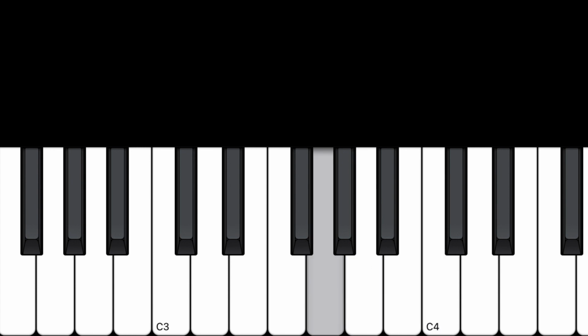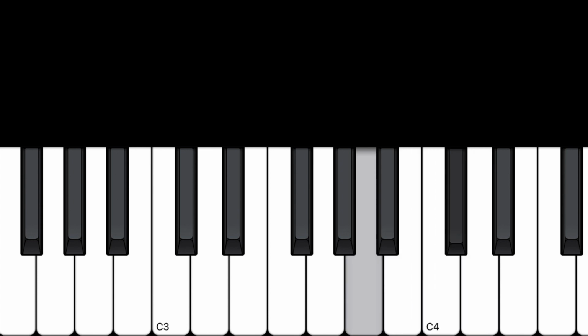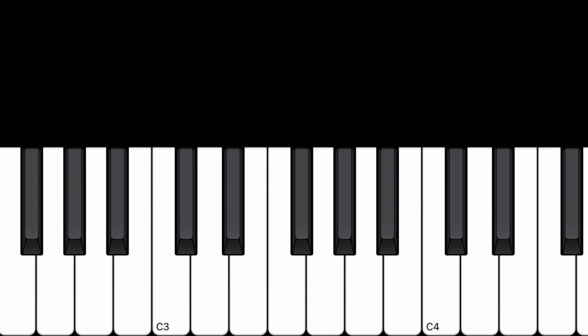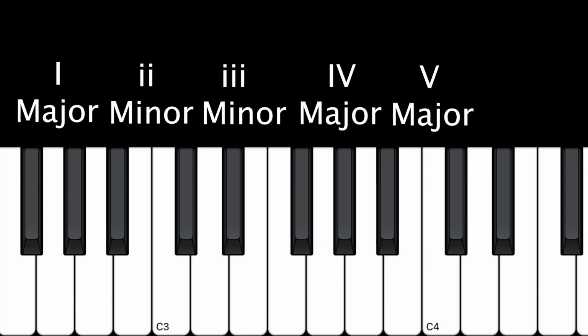G. 1, 2, 3, 4, 1, 2, 3. G major chord, absolutely fine. Let's do the A. 1, 2, 3, 4, 1, 2, 3. Okay, that is an A major chord. It has a C sharp. Can't use the C sharp. Use the available C. Wallop, we've got a minor chord. So the pattern at the moment is major, minor, minor, major, major, minor.